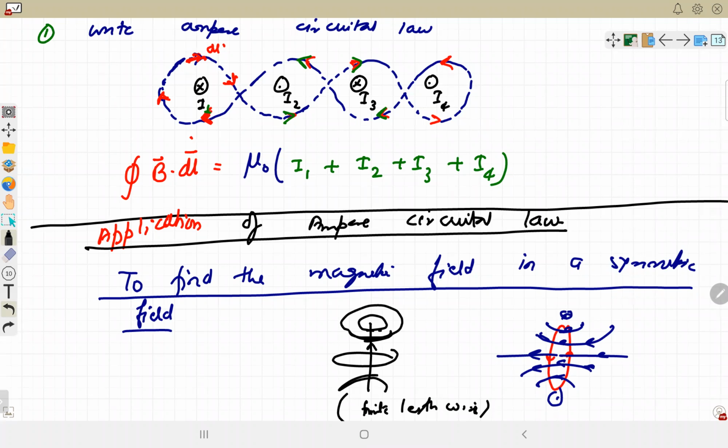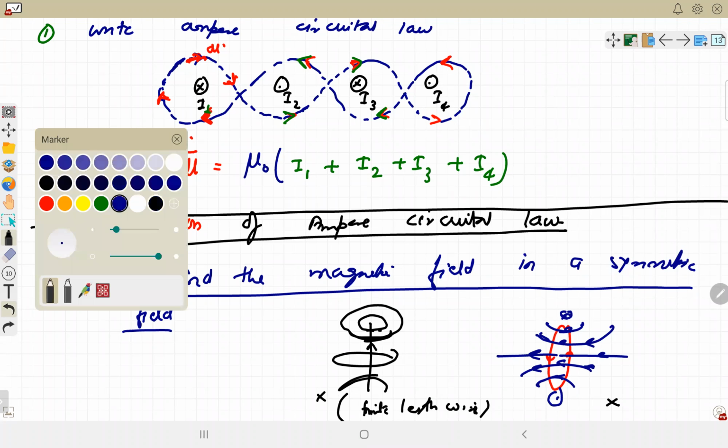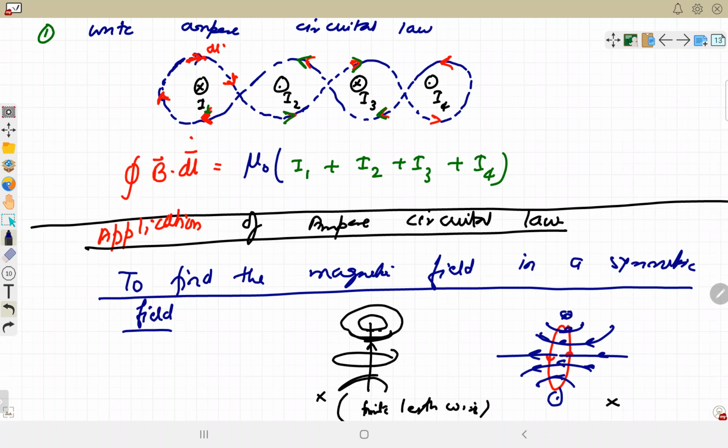Otherwise, it gets bent to one side. So same will be here. So for a loop or for a finite length wire, magnetic field cannot be calculated by using Ampere's circuital law. We have Biot-Savart law, and we did derive these two formulas by using the Biot-Savart law for the magnetic field.